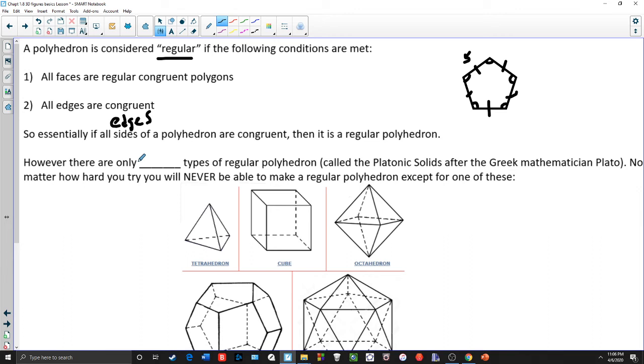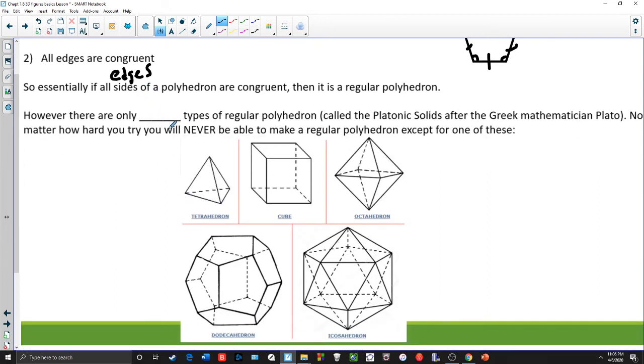Now that's a very loose definition there because there are some strange cases where it's not necessarily like that. But to make the language more layman's terms, that would be the best I could do there. Now, unlike polygons, where you can make as many regular polygons as you want, you can make a 20-sided regular polygon, for polyhedrons there actually are only 5 different ways this can happen.